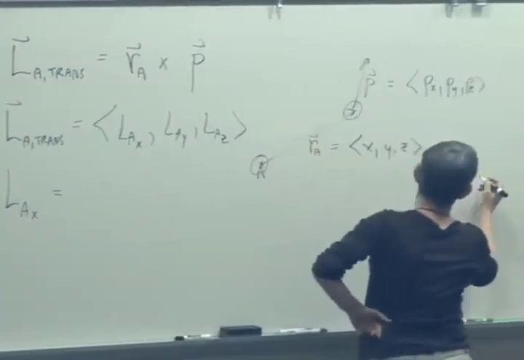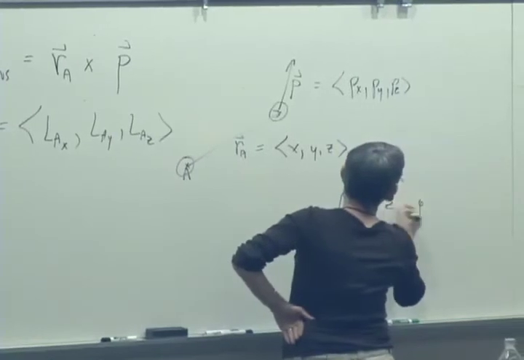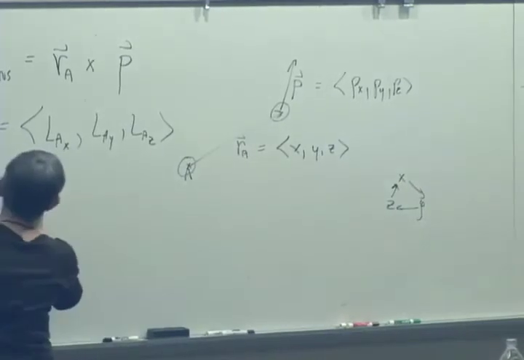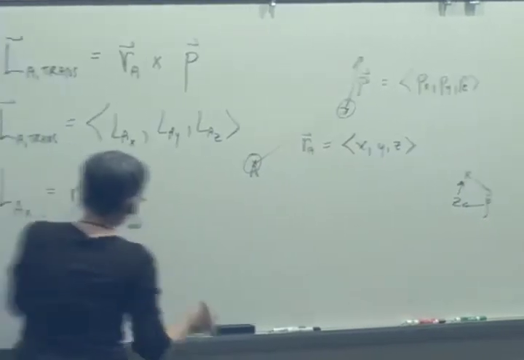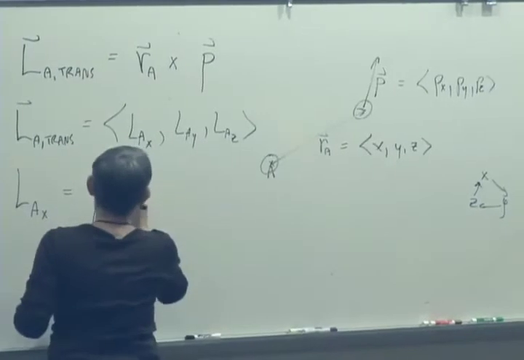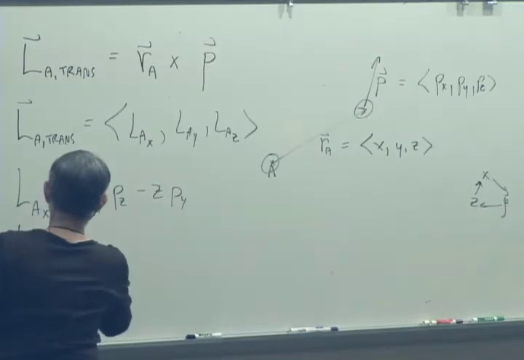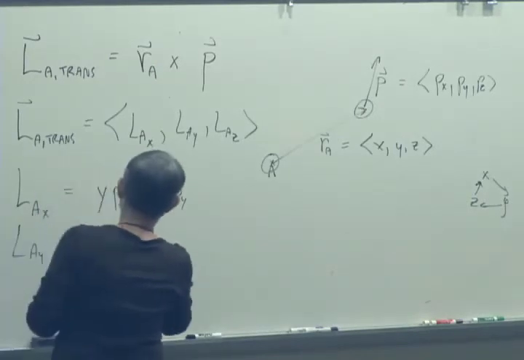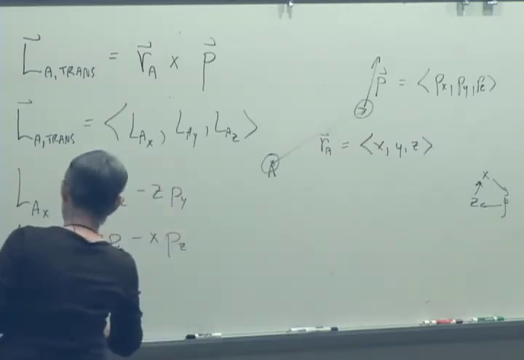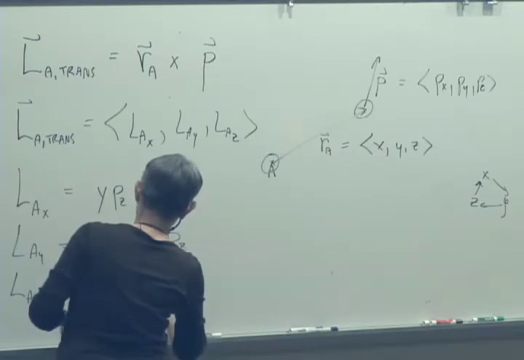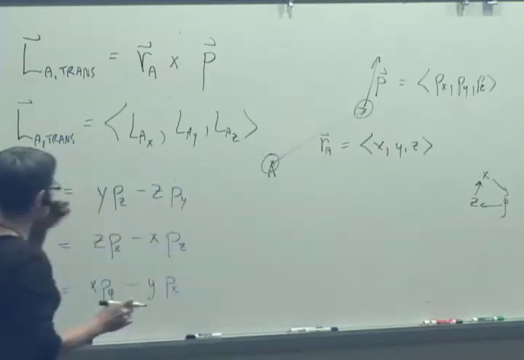Remember, there's this sort of cyclic relationship, a mnemonic for remembering how things go. So the x component is y pz minus z py, and the y component is z px minus x pz, and the z component is x py minus y px.